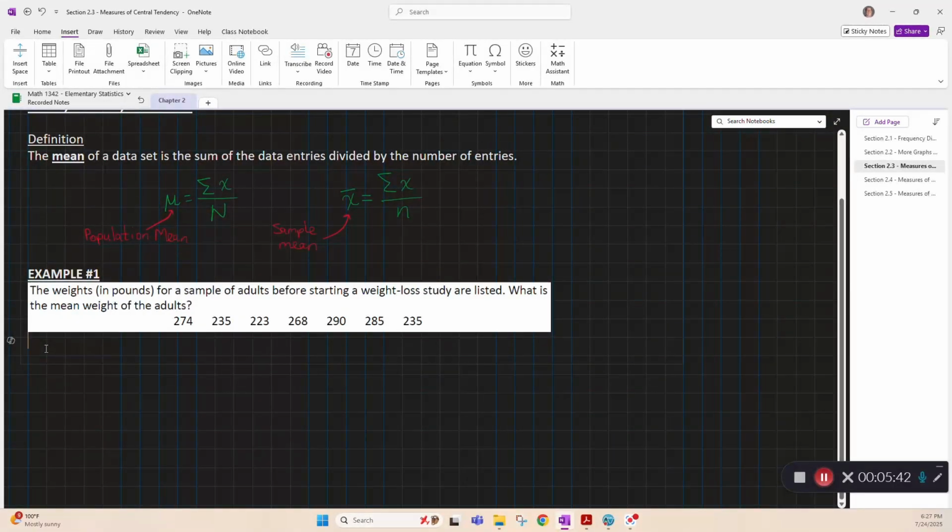Weight in pounds for a sample of adults before starting a weight loss study are listed. What is the mean weight of the adults?